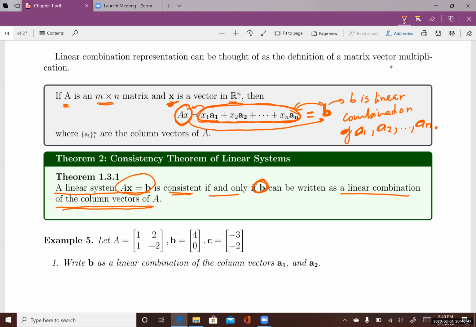Because B is a linear combination of A1 to An with weights x1, x2 to xn. That means the vector x here is a solution of the system Ax equals B. Okay.